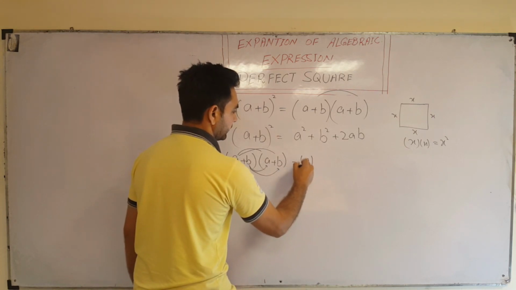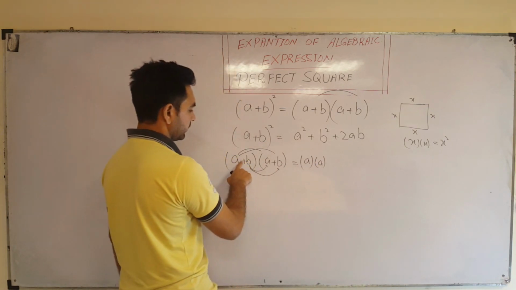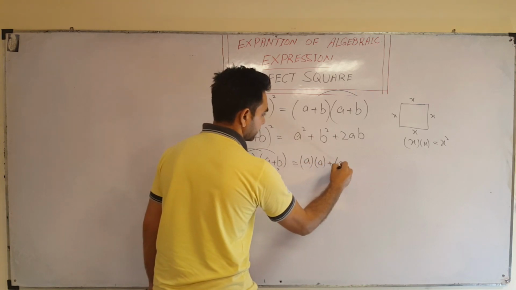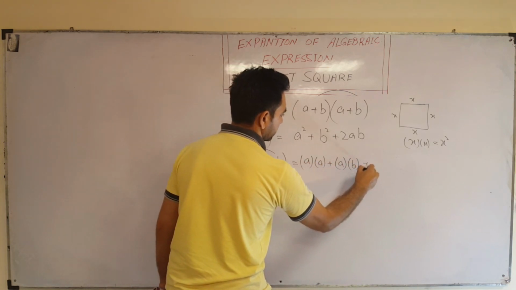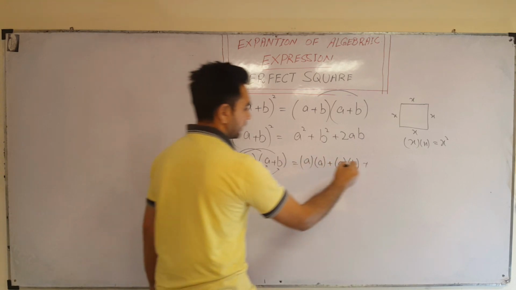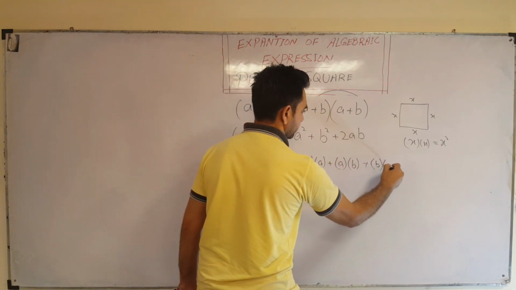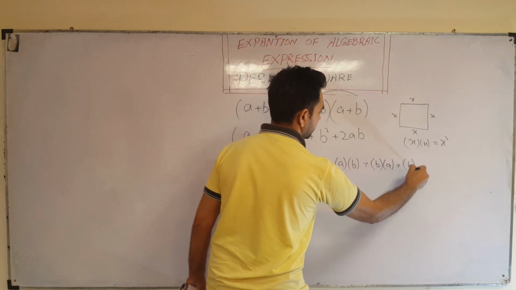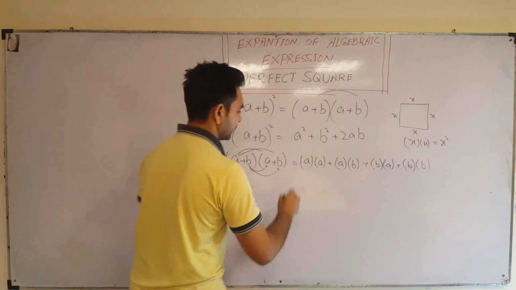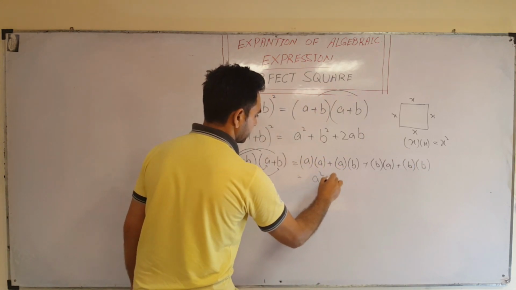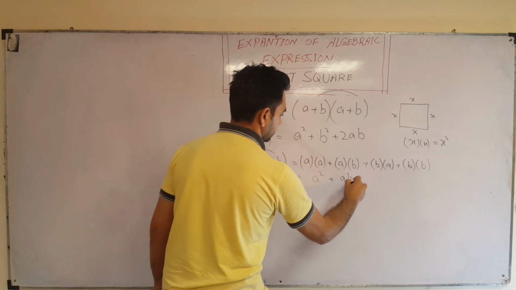So a times a, a times b, plus b times a, and b times b. So you can see that that is giving you a square, that is ab.